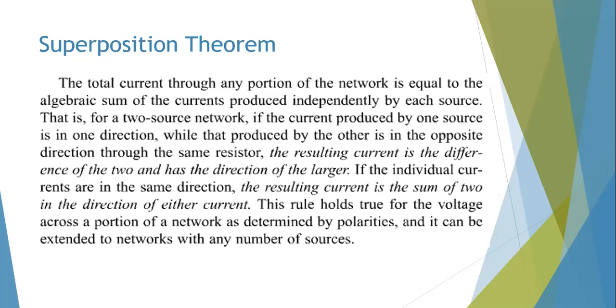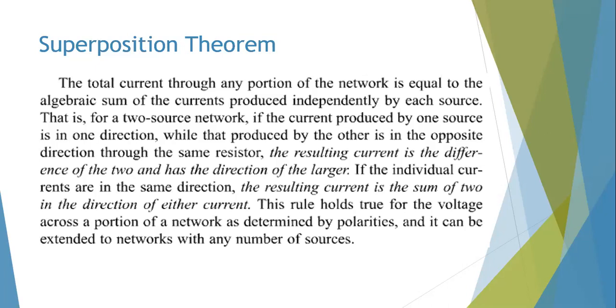Let's read this paragraph here, which shows how to apply the superposition theorem to calculate the current across any part of a circuit. Let's just read that together. The total current through any portion of a network is equal to the algebraic sum of the currents produced independently by each source.